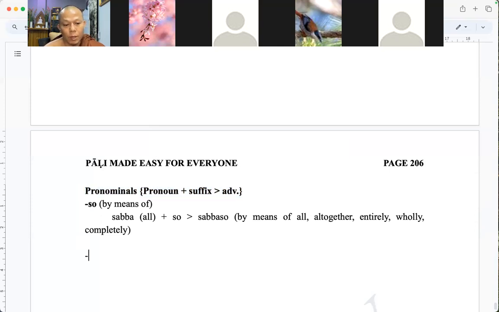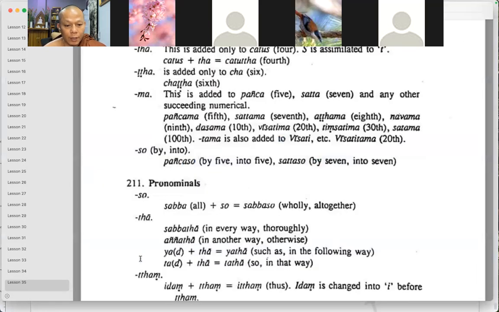And then the next one is ta. Ta also, the same way, by means of, or by way of, or something like that, and so as an adverb of manner.